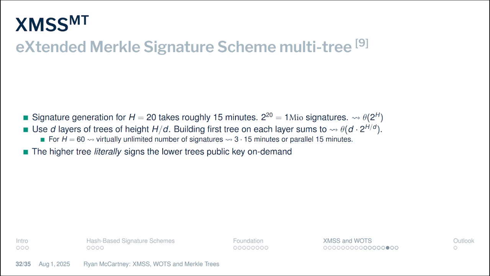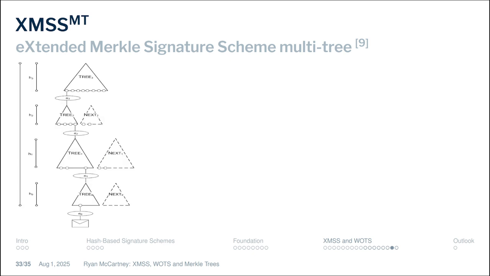An interesting property also here is that we don't need to know the next tree in order to already use this signature scheme, which is solely based on the fact that we sign the next tree with the Winternitz one-time signatures of the higher tree.